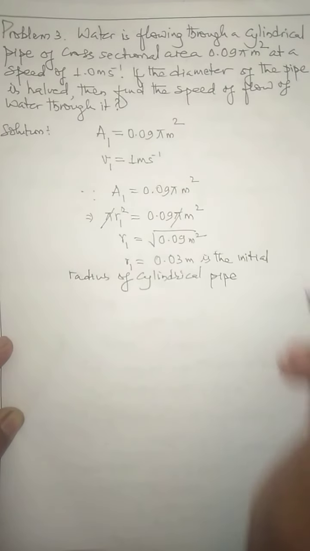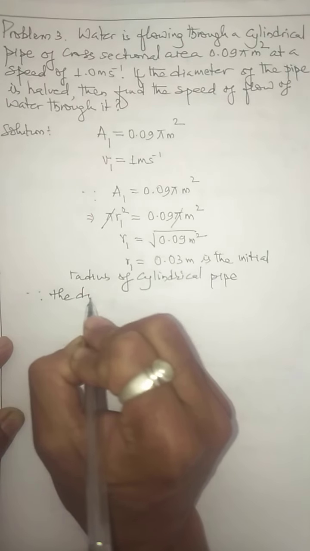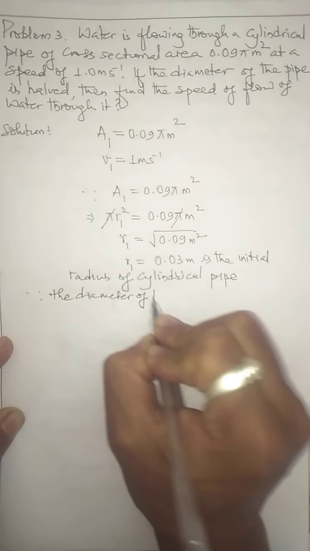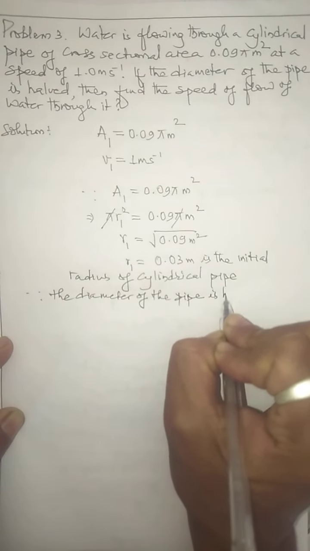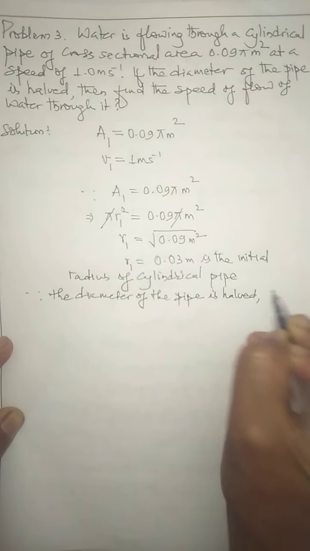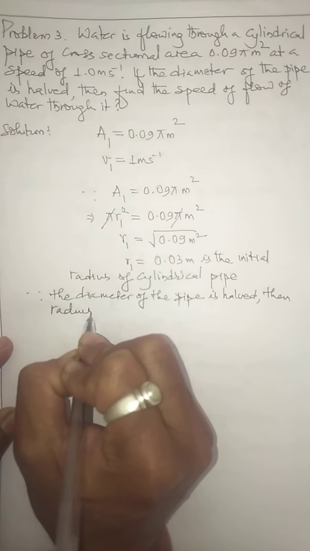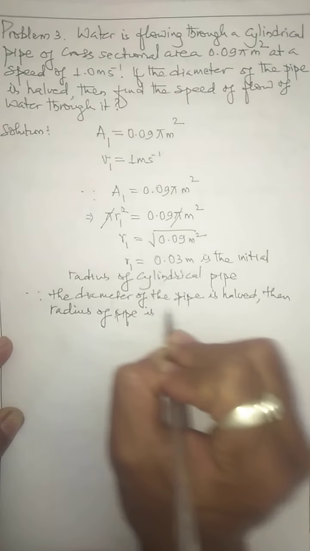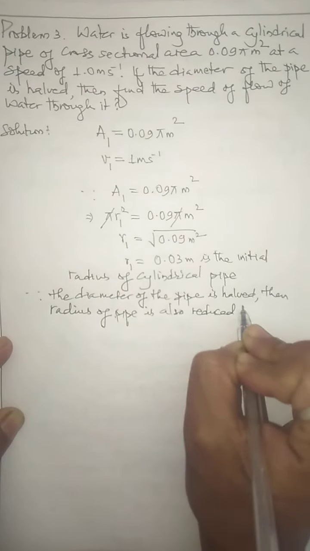But as the statement says that the diameter is reduced to half, since the diameter of the pipe is halved, then the radius of the pipe is also reduced to half.